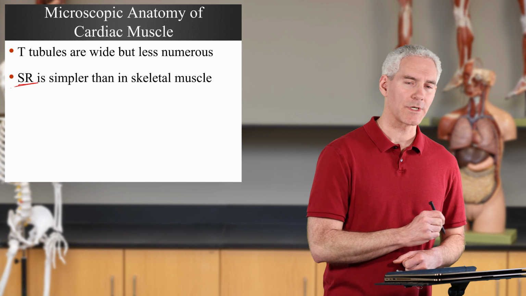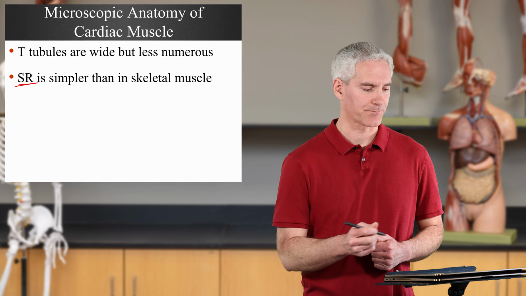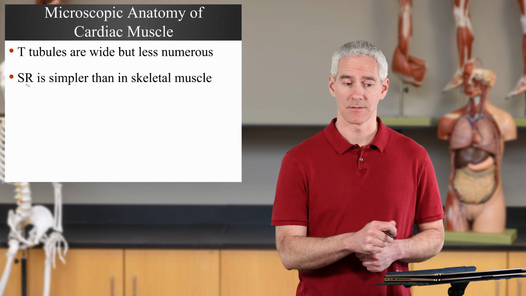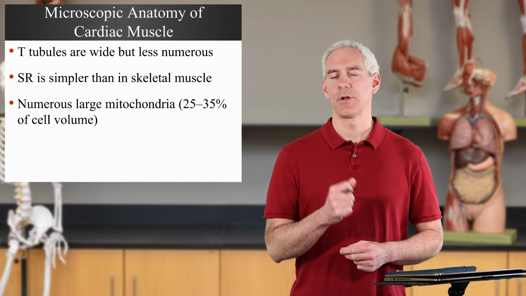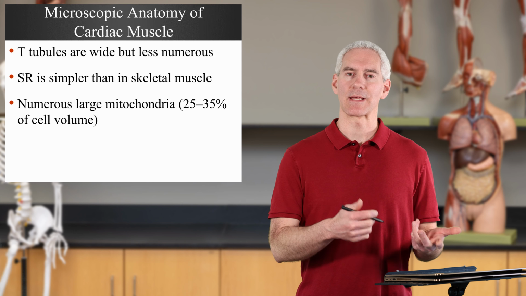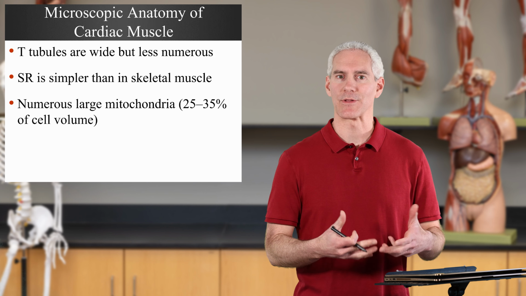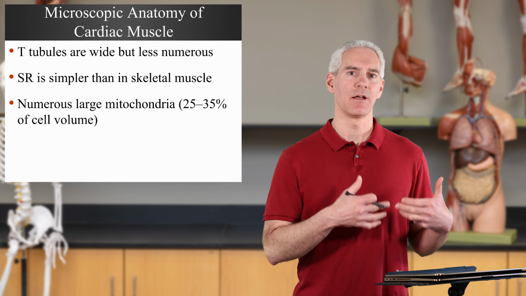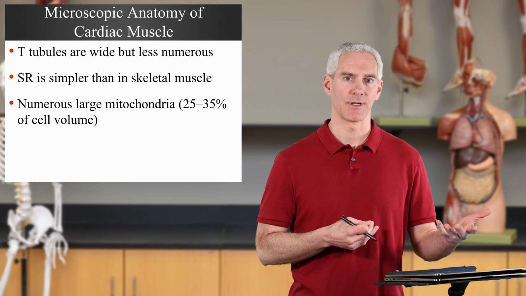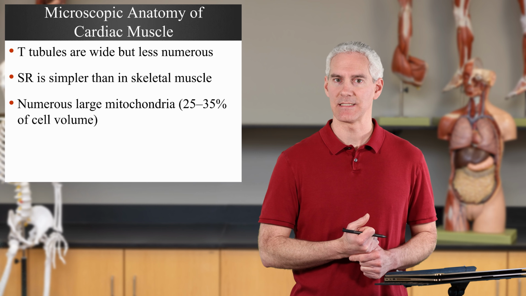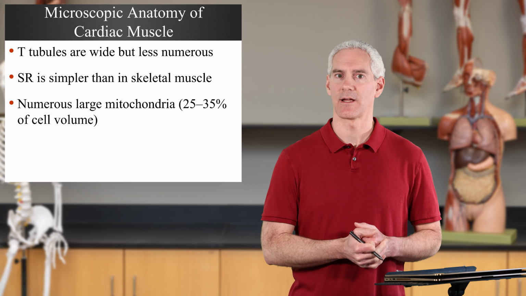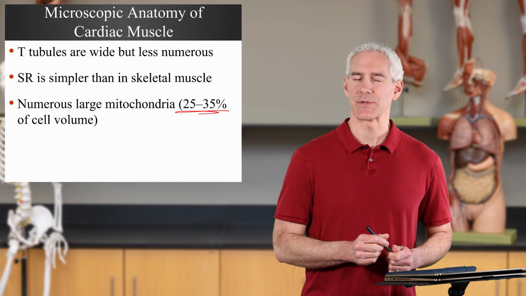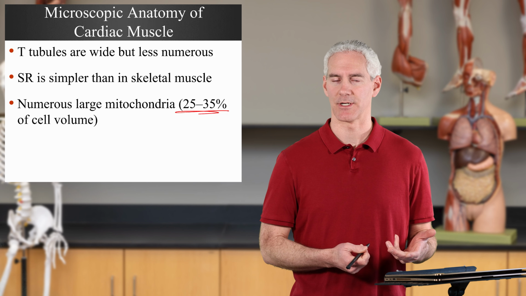The SR, or sarcoplasmic reticulum. Now, it is simpler than skeletal muscle, but still functional. And mitochondria. Now remember, mitochondria are what create the power, the energy for the cell. The mitochondria can take in the products of your carbohydrates and then convert them into ATP, so adenosine triphosphate. Now notice, 25 to 35% of the cell volume is mitochondria.